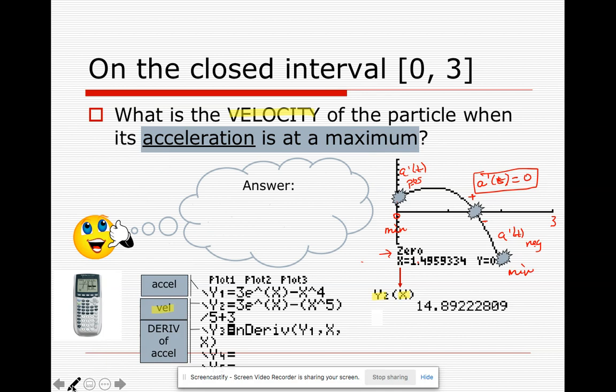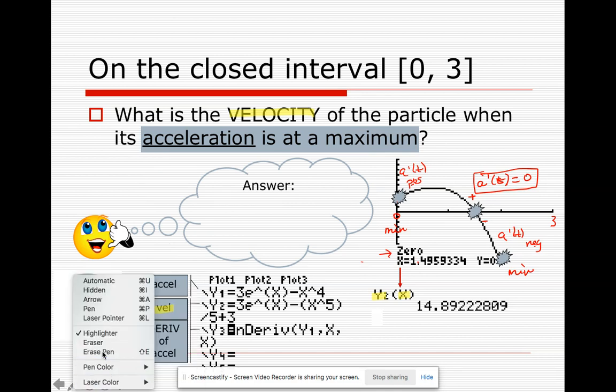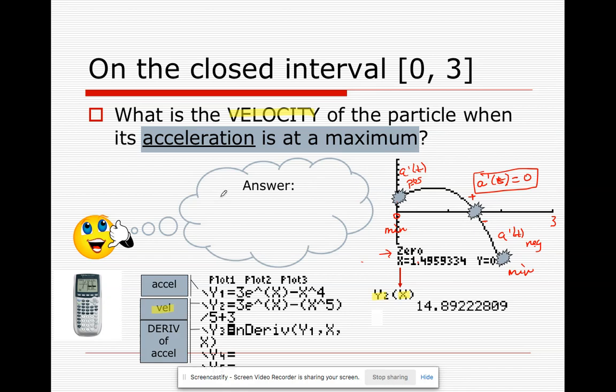But here's what I write. I did all this work on my calculator. Here's what I write down. Because I have my calculator, I don't have to write the acceleration derivative.